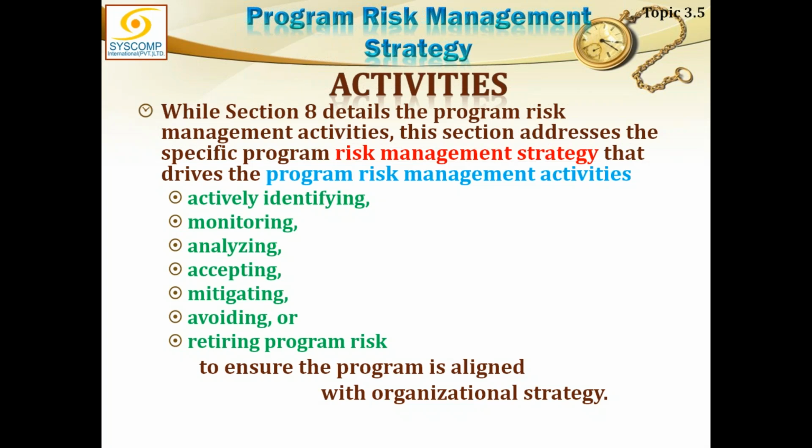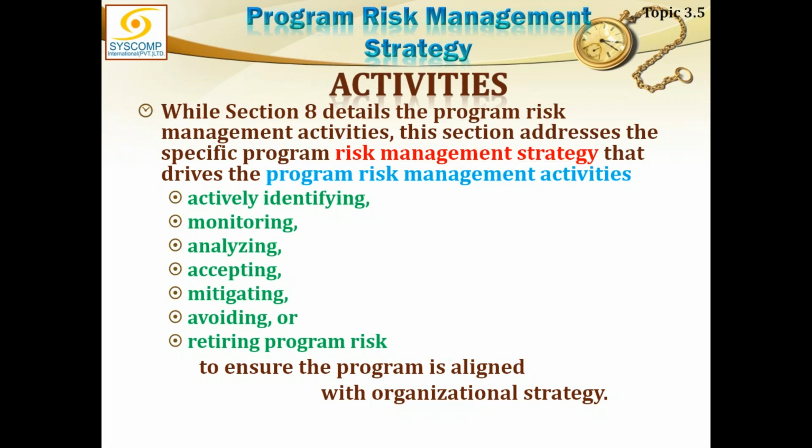That derives the project risk management activities, like actively identifying, monitoring, analyzing, accepting, mitigating, avoiding, or retiring program risk. So what kind of responses can we have to ensure the program is aligned with the organizational strategy?